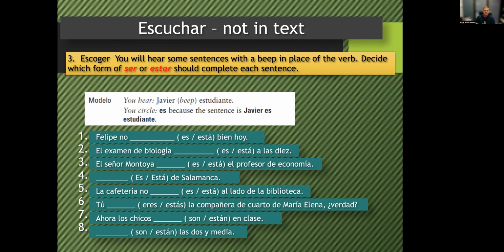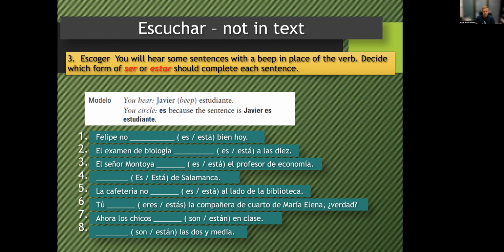El señor Montoya, el profesor de economía. 4. de Salamanca. 5. La cafetería no al lado de la biblioteca. 6.